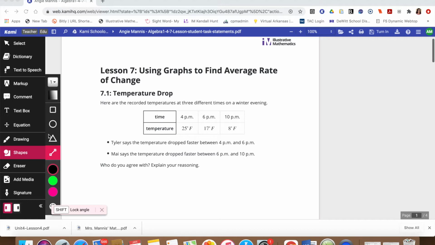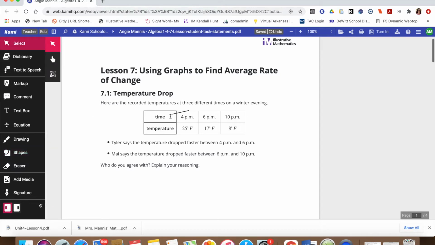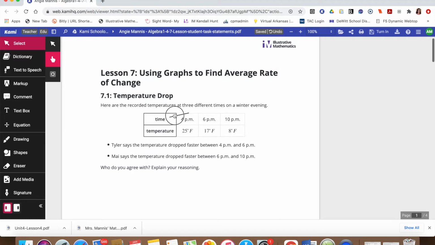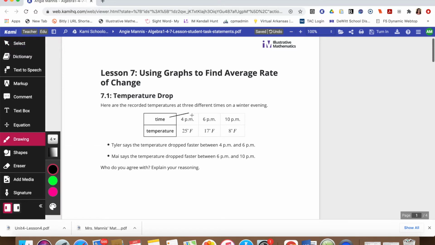So if you look from 4 p.m. to 6 p.m., that's just 2 hours.